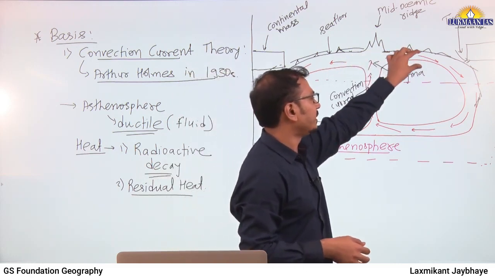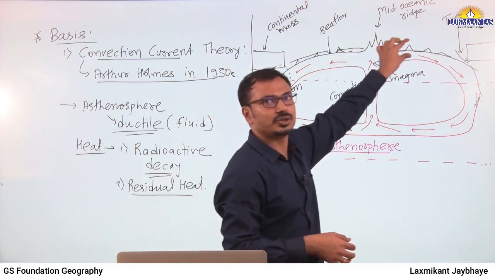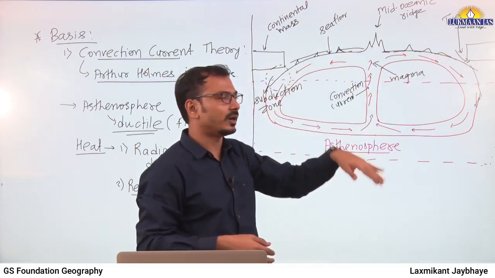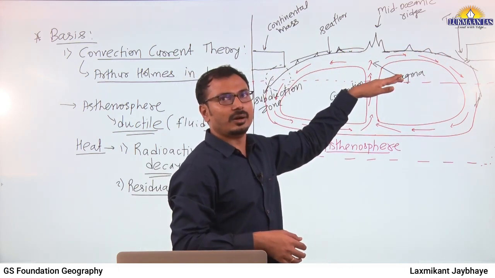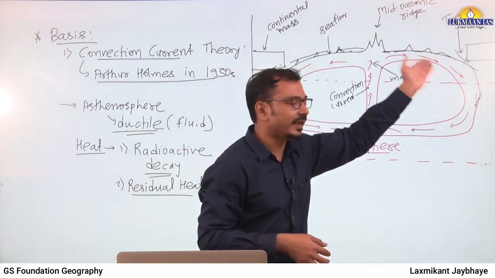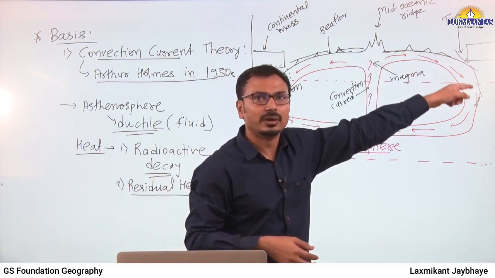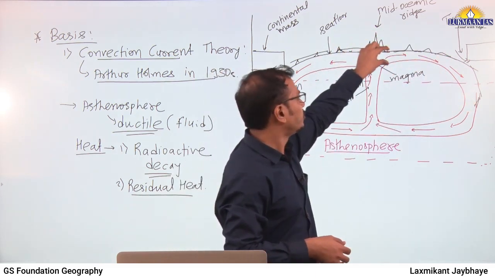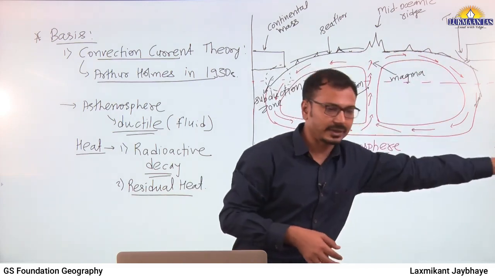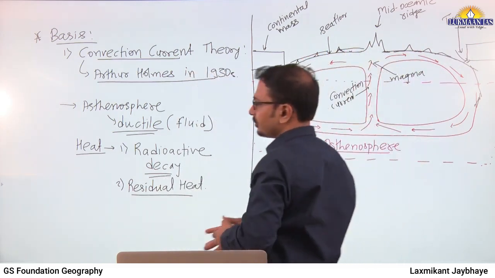The lithosphere, that is the oceanic crust, is floating over the asthenosphere. Now this particular movement of magma in that direction, in the asthenosphere, leads to movement of the lithospheric oceanic crust in that direction, or here in this part in the opposite direction.